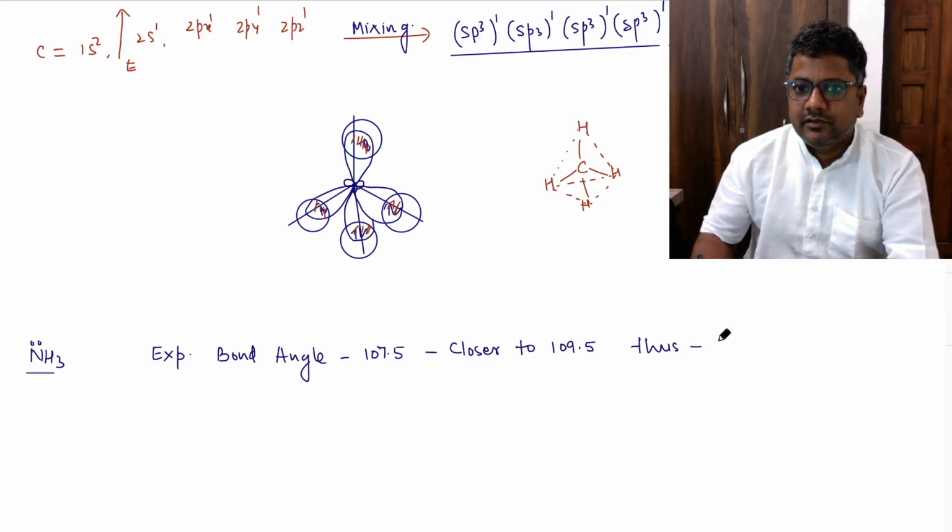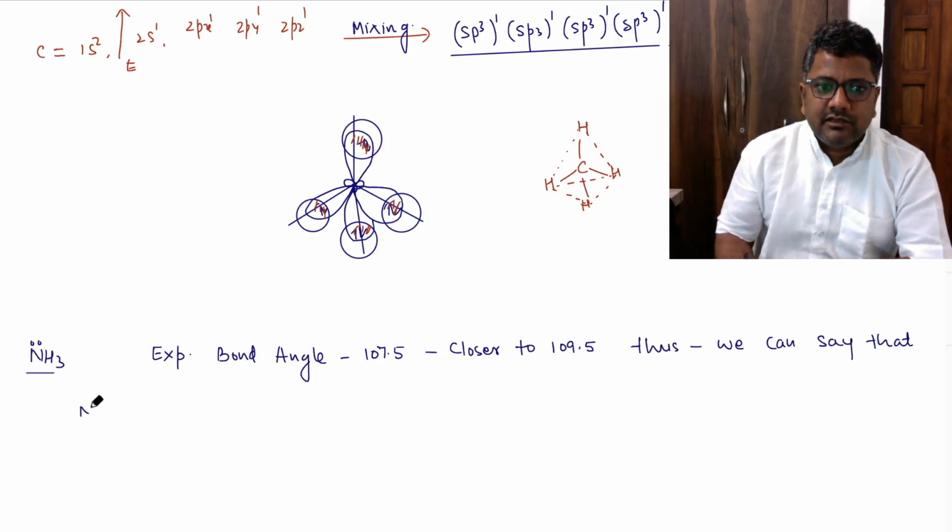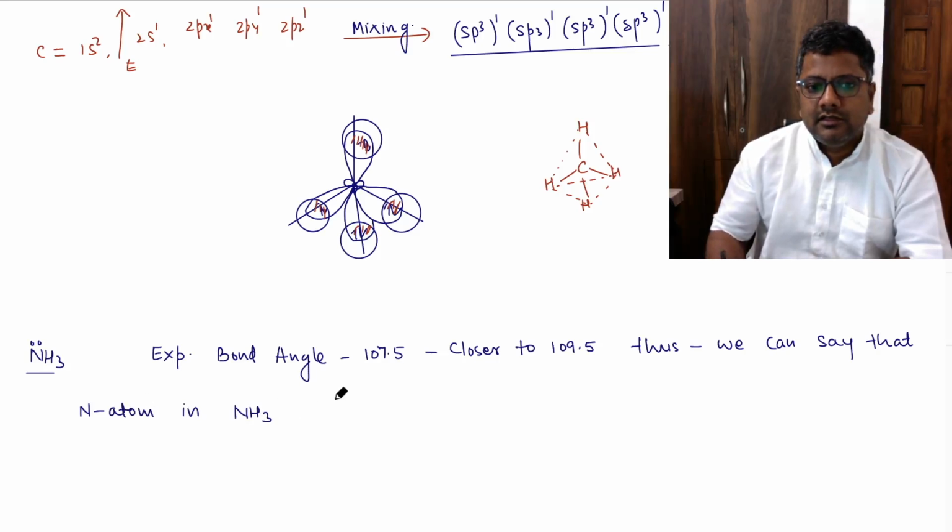Thus we can say that nitrogen in ammonia, the nitrogen atom in ammonia, is sp3 hybridized.